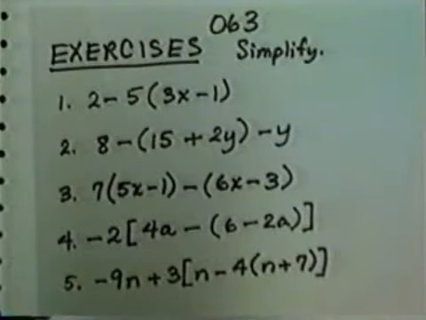The instructions for all of them are to simplify. Copy these problems correctly on your paper, then stop the tape, work the problems, then restart the tape to check your answers. Let me read them out to you to be sure you copy them down correctly.